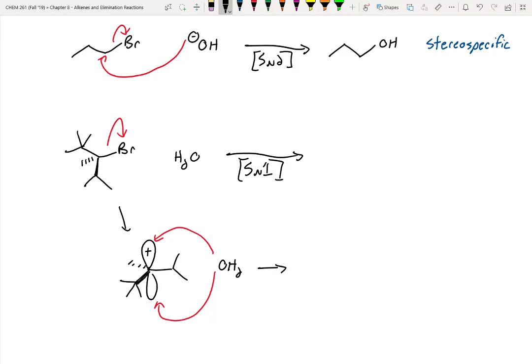So let's draw both of these, where we've got water on the top face, right? And then we could have water on the bottom face, where it's attacked.